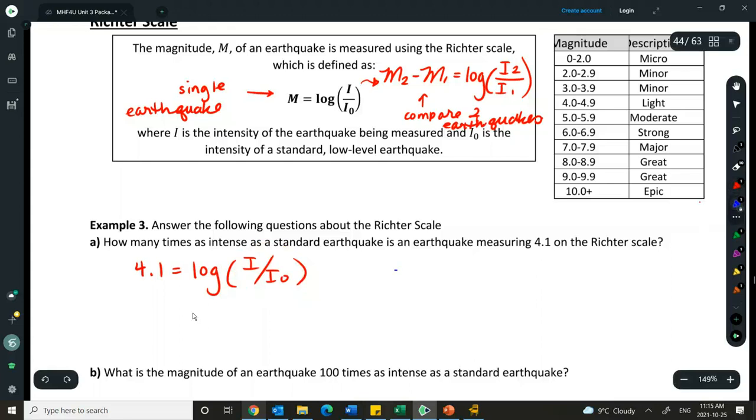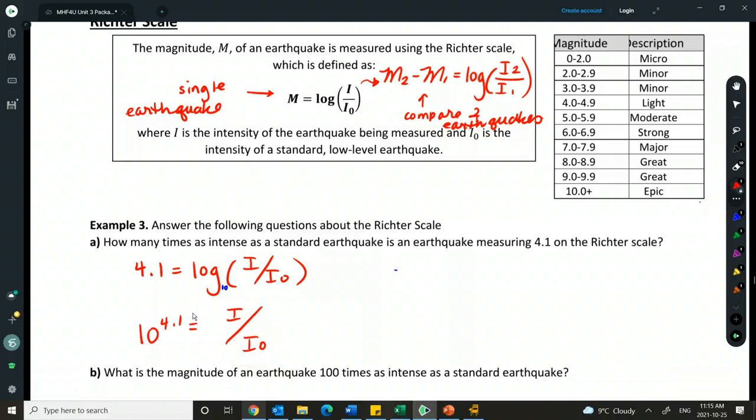So if this is base 10, we're just going to switch this into exponential form. 10 to the 4.1 equals I over I initial, comparing it to the intensity of a standard low-level earthquake. And then I'll just calculate. So 10 to the 4.1. We'll round a little bit here.